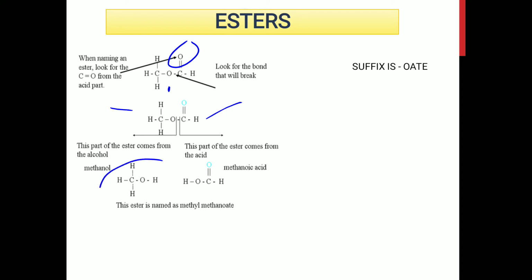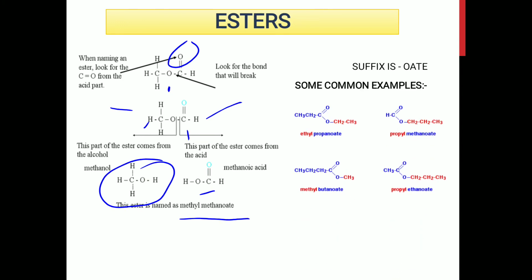If you leave the alcohol, you will get this particular methanoic acid. Meaning acid and alcohol are connected to each other to give the ester, and this particular ester will be named methyl methanoate. Since there is only one carbon on either side of the oxygen, it becomes methyl methanoate. Okay, so let us have some common examples.